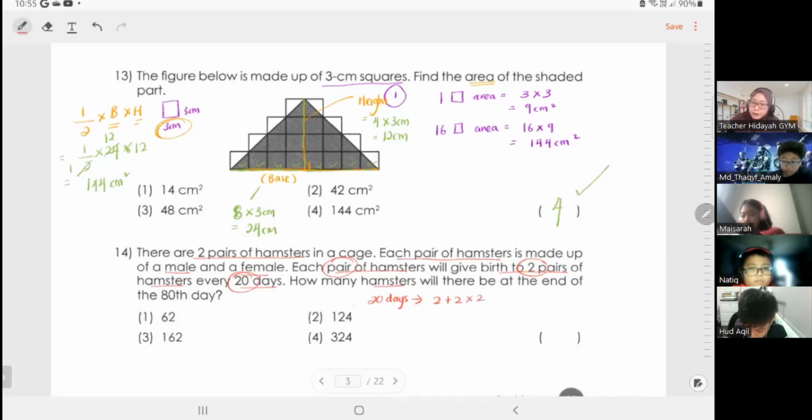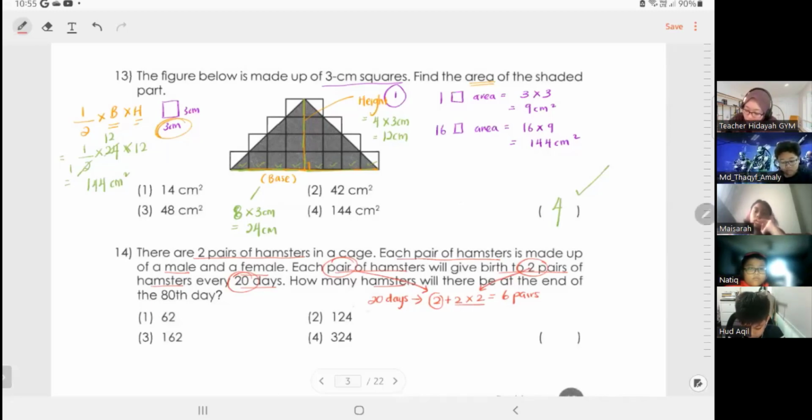So that equals 6 pairs. I'm putting them into words. They become like that. Get it?